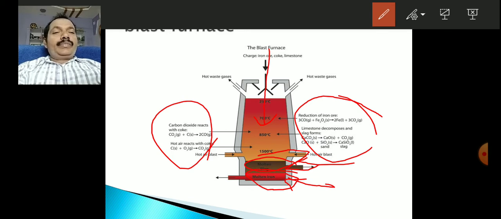You see, as the raw materials are descending from top to bottom, the refractory structure of this blast furnace vessel is such that its diameter increases as the materials come down.